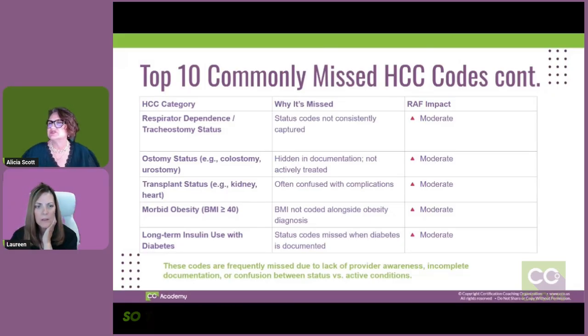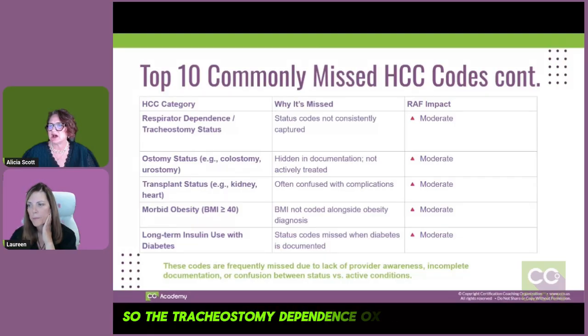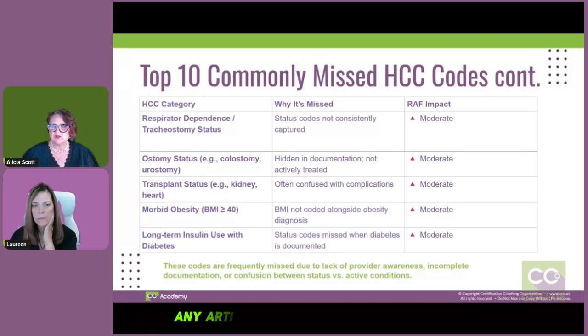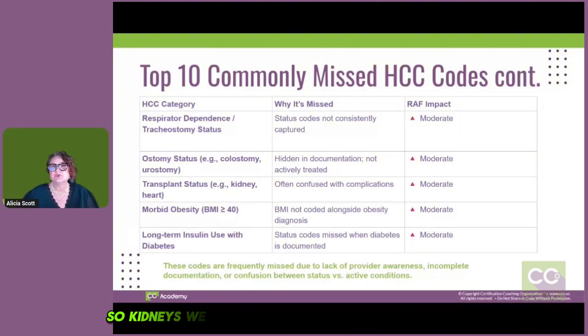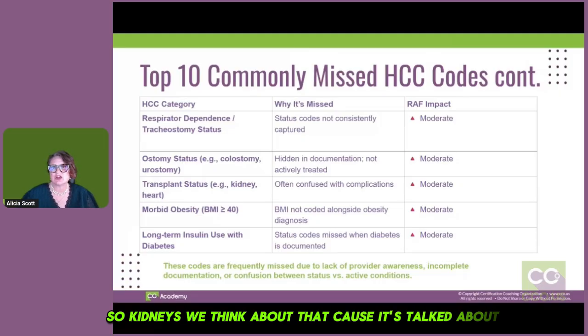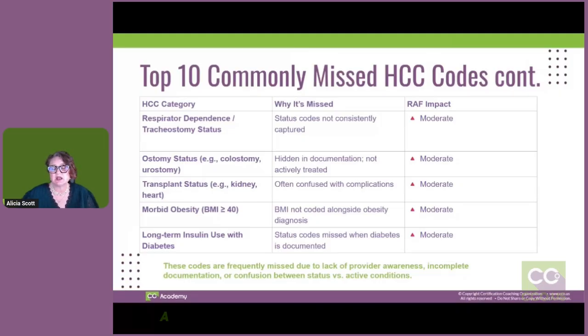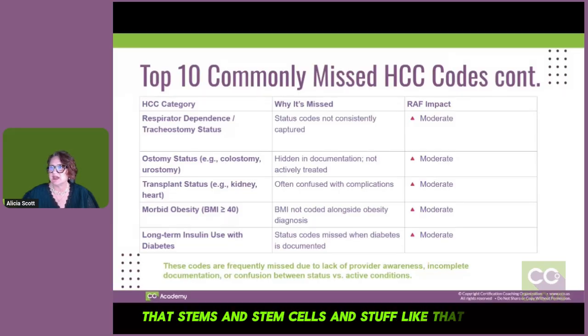No. Okay, so the tracheostomy, dependence, oxygen, ostomies, any artificial opening, urostomy, a lot of times that's overlooked. Transplant status, kidneys, but think of all the things that can be transplanted. So kidneys, we think about that because it's talked about, but you can have a liver transplant, a lung transplant. There are some others, stem cells and stuff like that.